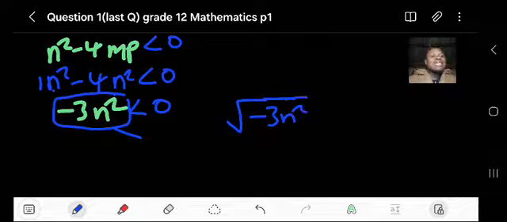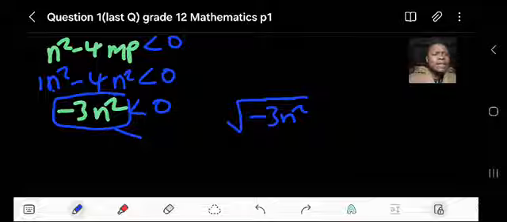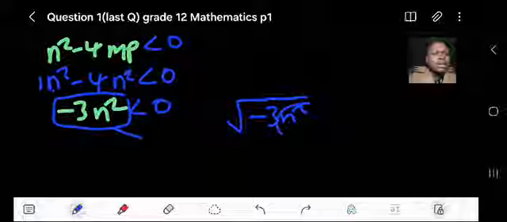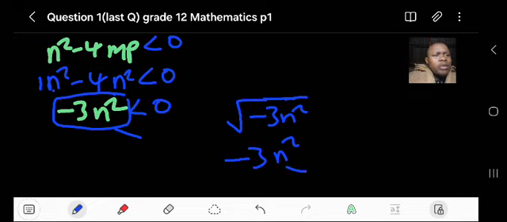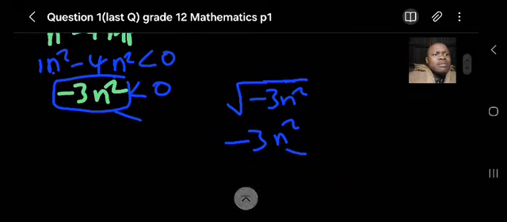So inside the square root, you cannot have a negative like that. For argument's sake, let n be equal to 2.